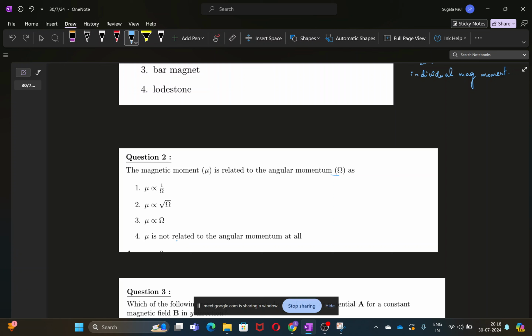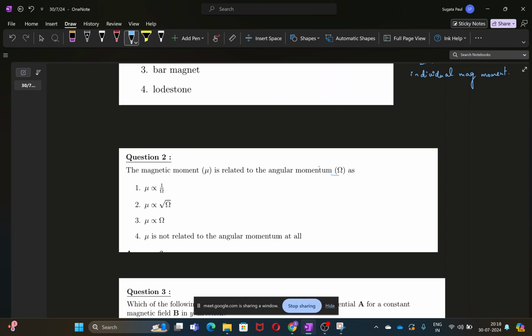But for those who have not really followed, it is very easy to make a mistake here, because apparently you will think: what is the connection between a magnetic moment, which is a magnetic property, and angular momentum? Those two are completely different things. Magnetic moment corresponds to some current flow, some current loop. But angular momentum is something like linear momentum, which is a product of mass times velocity.